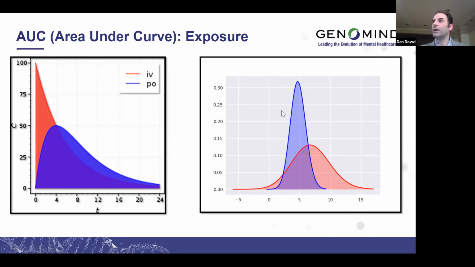The blue one has a very high peak, but very short duration, whereas the red one has a shorter peak, but a longer duration. When we talk about exposure, we will show some graphs later on how changes in AUC are a measure of the severity of drug interactions.